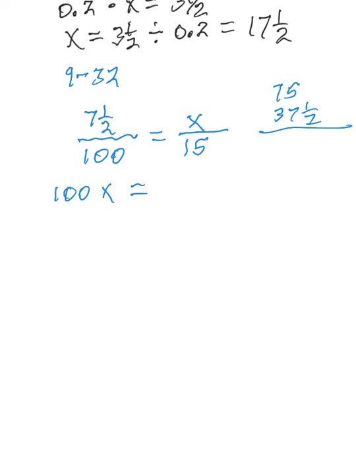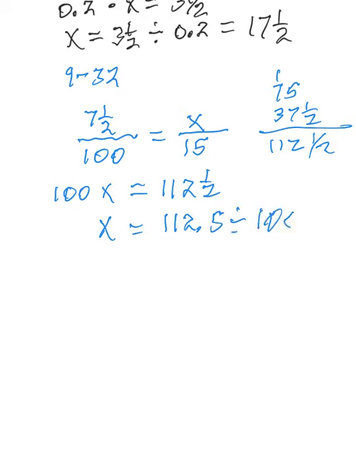So the total is going to equal 112.5. So 112.5, x is equal to 112.5 divided by 100, which is equal to 1.125, or 1 1/8 gallons.